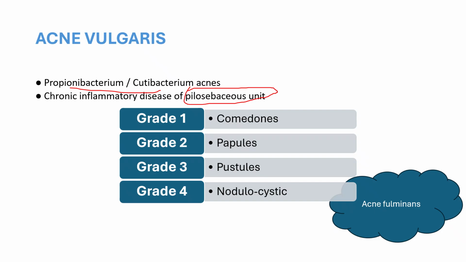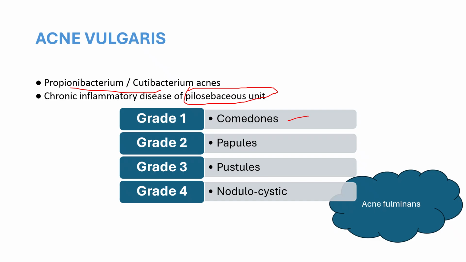So it can be blocked, wherein in grade 1 you get comedones. It can be blackheads or whiteheads. Whiteheads is when it's not exposed. Blackheads is when it's exposed to the atmosphere and gets oxidized, so it becomes a blackhead. So blackheads and whiteheads are called the comedones.